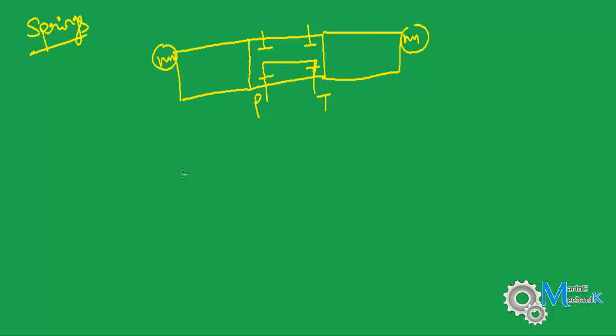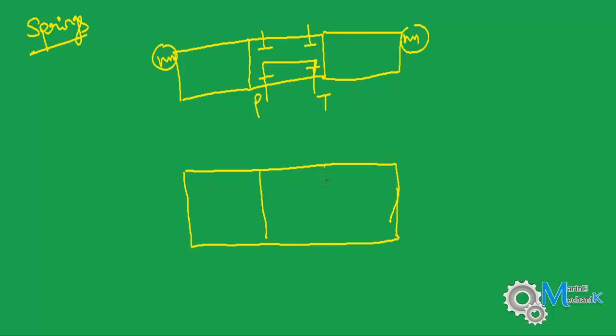Now let's see how that works. To understand the working of the springs, we have to actuate or shift the valves. How do we shift it? We can draw the ports like this. Now I'm going to have a lever or a button like this, and here are your springs.